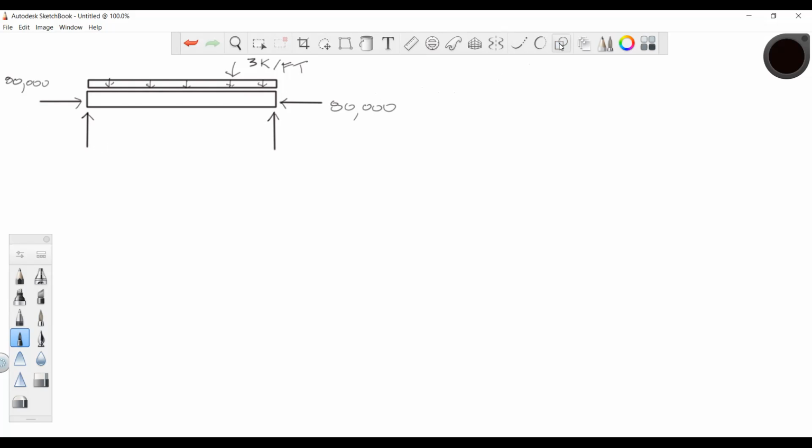If I draw this in cross section, this is the cross section. This is the neutral axis of that beam. Down below that neutral axis, I have cables running through it, and those cables are what's compressing this, but they're not coming through the neutral axis.